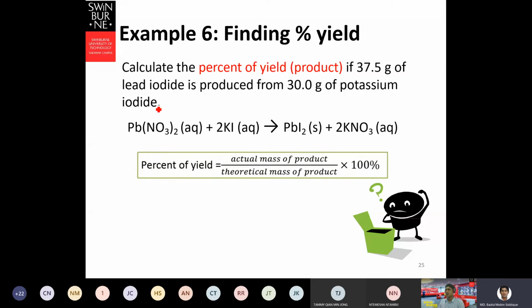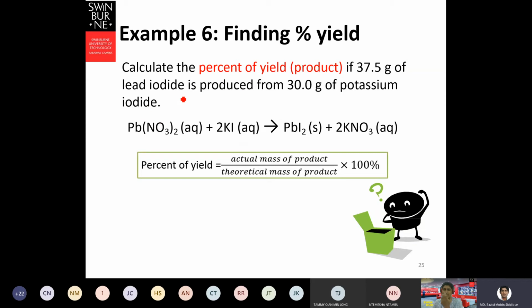Okay, so it says: calculate the percent of yield if 37 gram of lead iodide is produced from 30 gram of potassium iodide. The reaction is balanced already, which is a good thing.